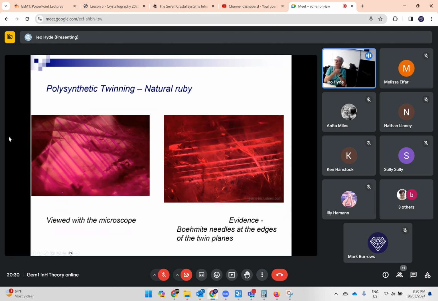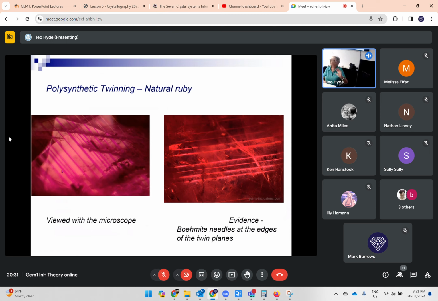Polysynthetic twinning means that we've got these layers where it's changed direction in the ruby. Now, you can't really see the layers here, but on the edges of the twin planes, you get evidence of these needles. So we can see evidence of the twinning, or this one under a microscope where it looks like Venetian blinds, because we can use special things on the microscope and actually sometimes see the evidence of the twinning in that stone.